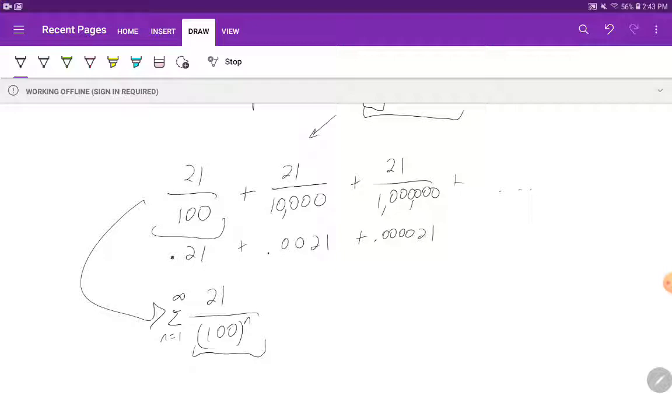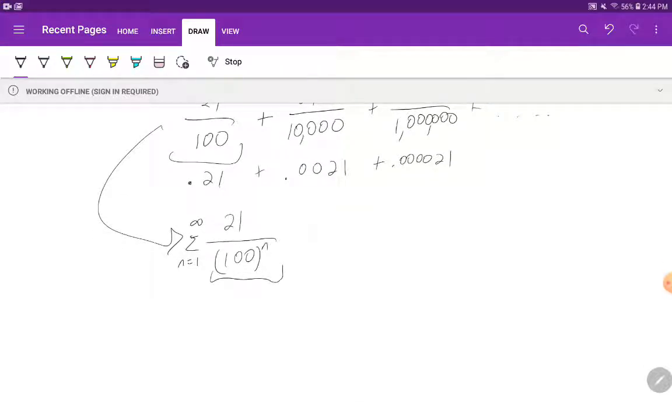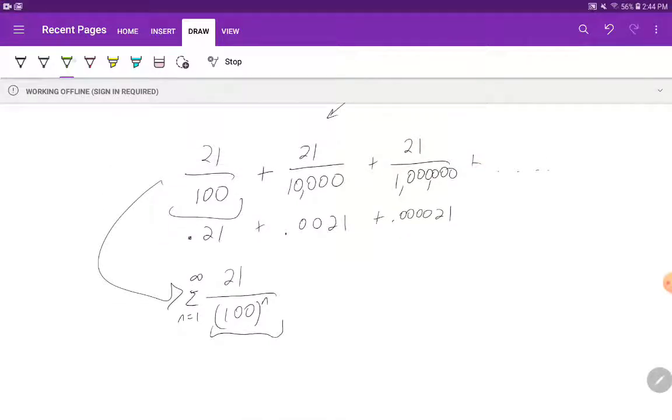And look at this. This is a geometric series where my first term, I actually found it already. This is A. And my common ratio, my R, looks like 1 over 100, because I can rewrite this as 21 times 1 over 100 and sum from 1 to infinity.